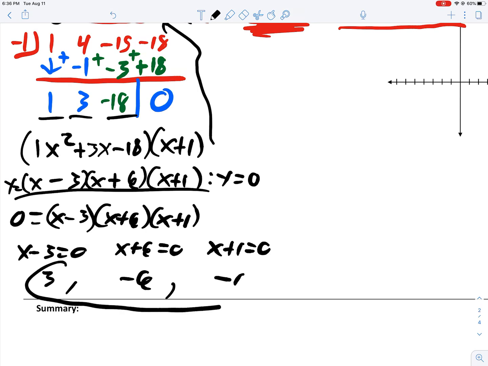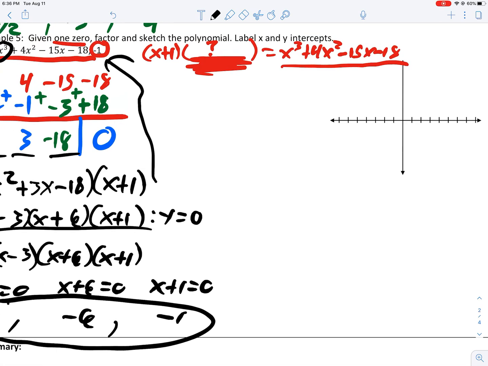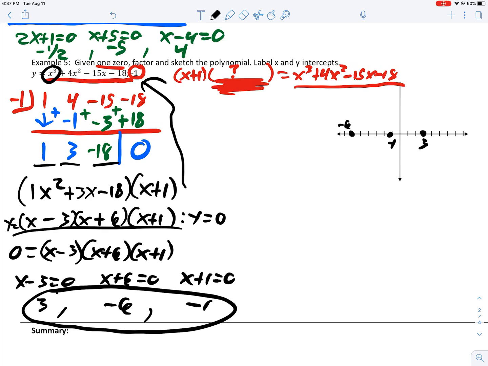So there you go. 3, -6, -1. Those are my x-intercepts. Those are my roots, my zeros. So now I have -6, -1, and 3.